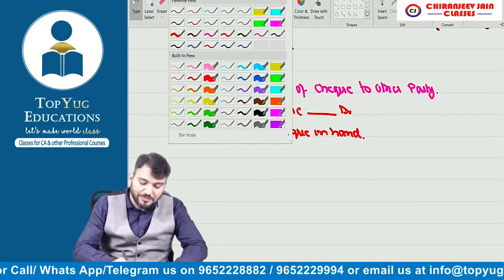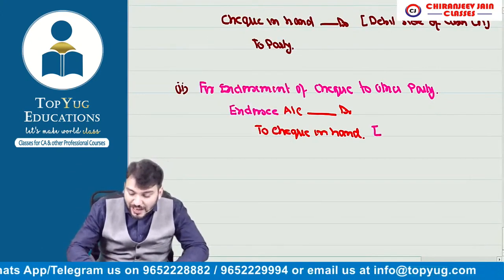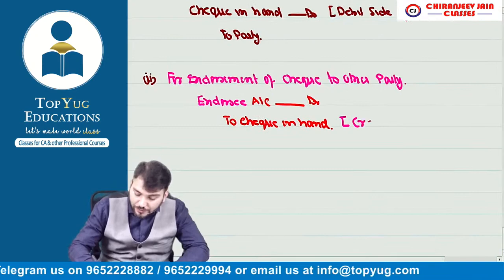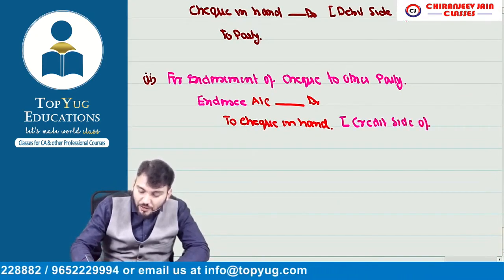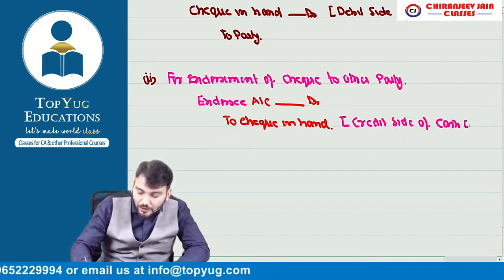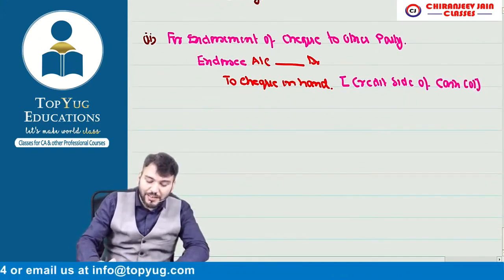Yes, it will be recorded. Why are you saying no? Check is treated as cash. It will be on the credit side of the cash column. This is not a contra entry, though.